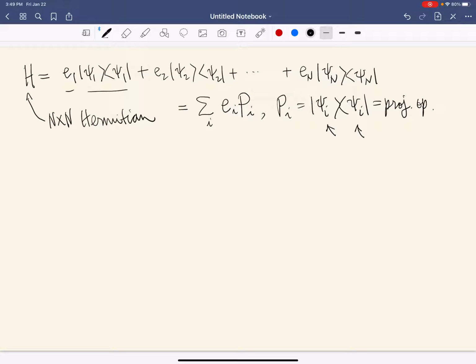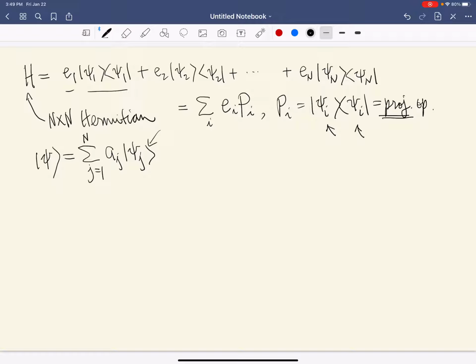So why is this called a projection operator? First, let me explain the reason behind this terminology. Given an arbitrary state in this Hilbert space, I can express this state as a linear combination of the various eigenstates of this Hamiltonian, where j goes from 1 through n.